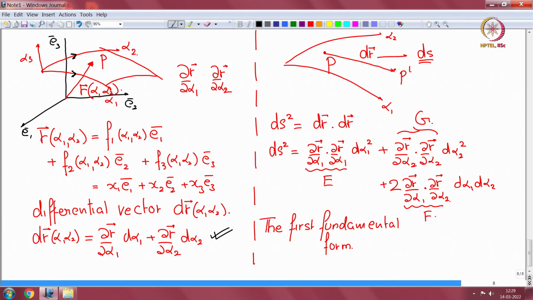Okay, so now what happens if we have an orthogonal curvilinear coordinate system?